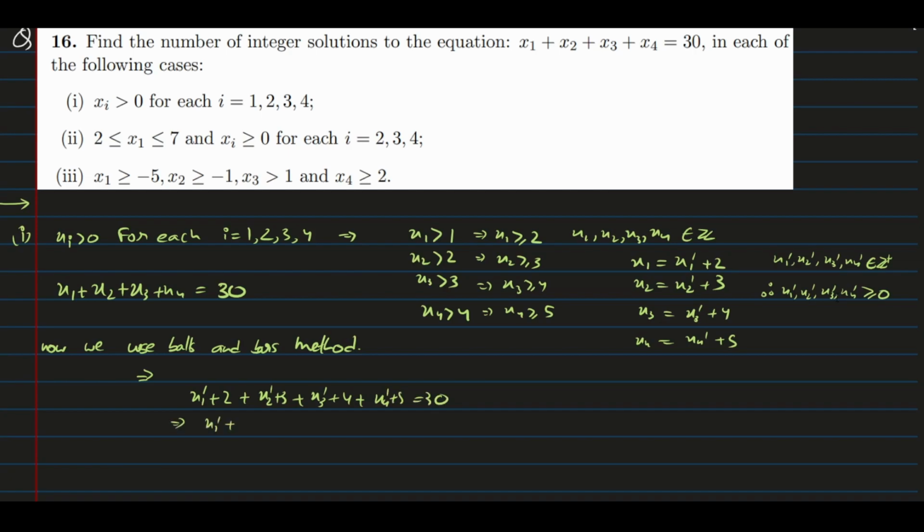Or x1 prime plus x2 prime plus x3 prime plus x4 prime equal to 16. Therefore, by using the balls and bars method, the number of solutions is 16 plus 4 minus 1 choose 4 minus 1. That is 19 choose 3. This is our answer for the first question.